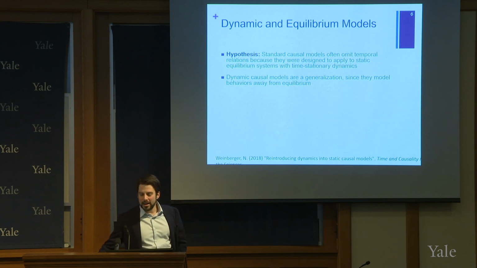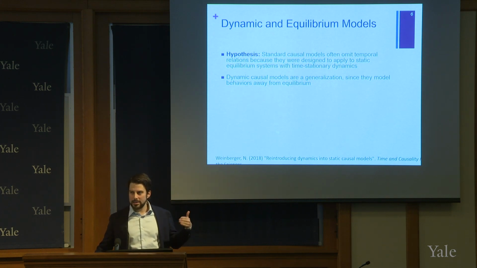We might think, then, that the dynamic causal models I'm going to talk about are a generalization of standard causal models, because while standard causal models consider a system at equilibrium or steady state, dynamic causal models generalize to consider the behaviors of the system away from equilibrium.